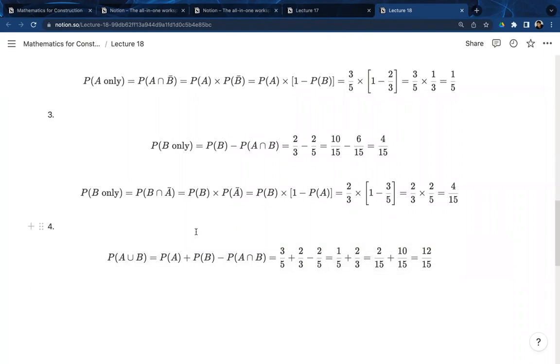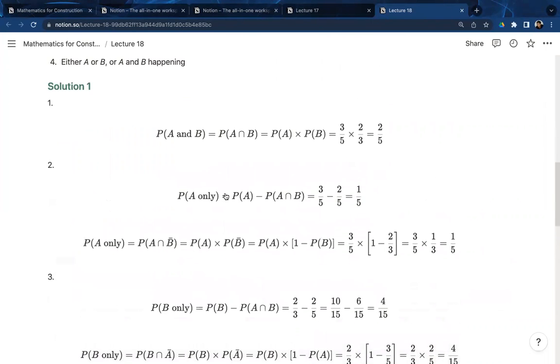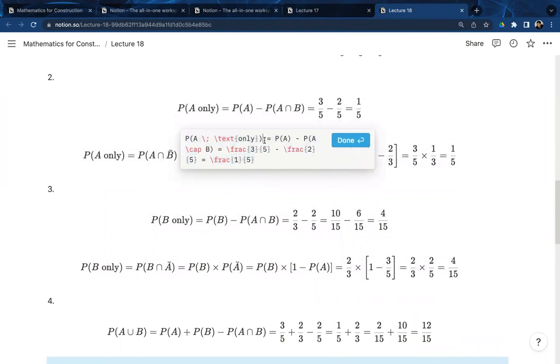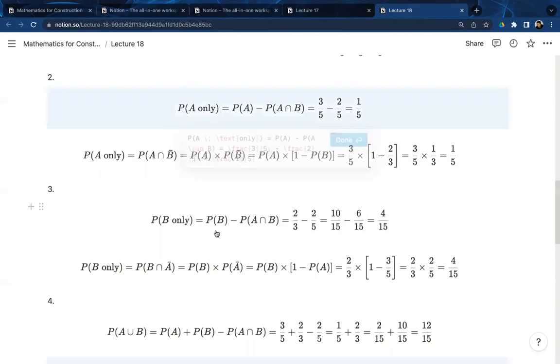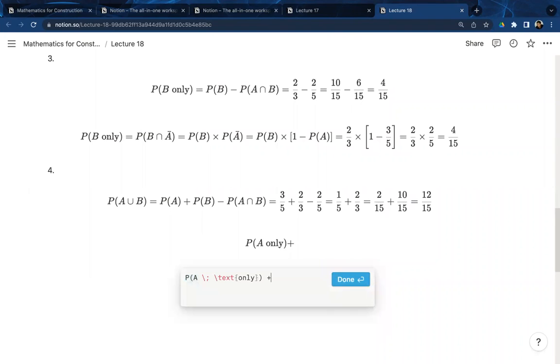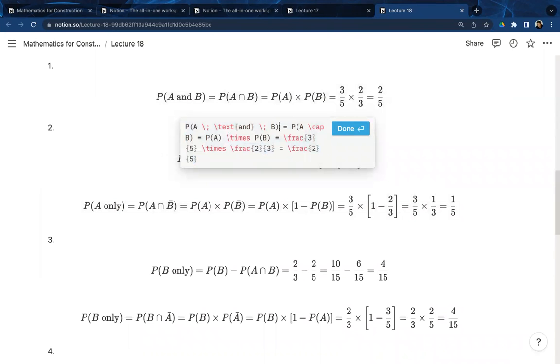What if we do that? What if this is what they're asking for? A only plus B only plus the intersection.